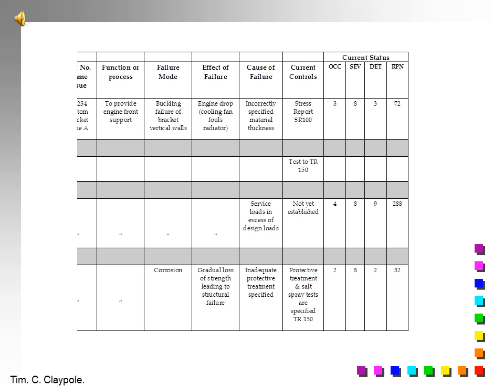The other way in which the bracket can fail is corrosion. Corrosion causes a gradual loss of strength and it leads to structural failure. The failure is caused by inadequate protection. So at the moment we use a protective treatment against salt and spray tests.